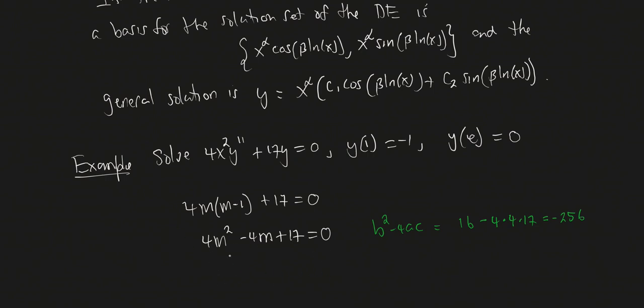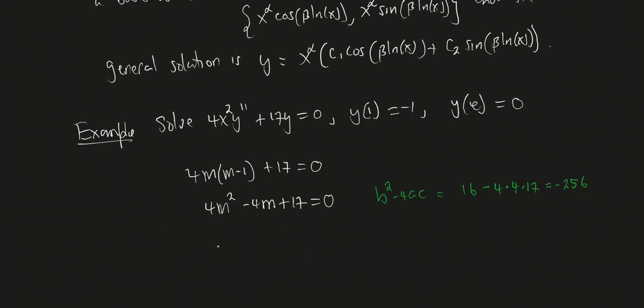So let's see what the actual complex number pair is, right? So we have negative b, so that's 4 plus or minus. We know what goes under the square root. That's our negative 256. And then divided by 2a, so that's 8. And let's keep going. So we have 4 plus or minus. The square root of negative 256 is 16i, right?